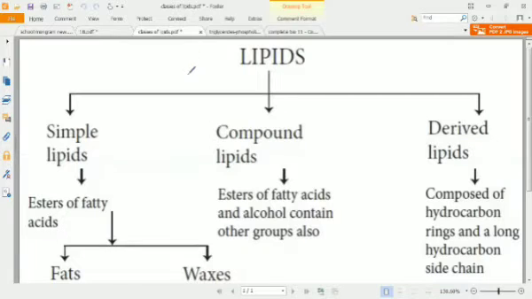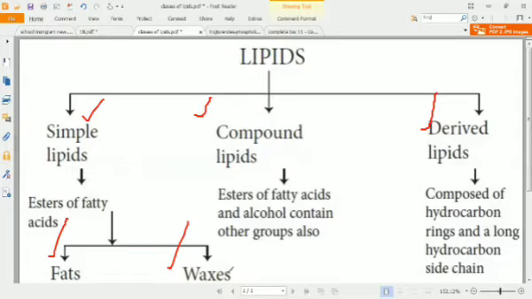You can see here in this flow chart that lipids can be divided into 3 groups: simple lipids, compound lipids, and derived lipids. In simple lipids, we have seen acylglycerol, which are the esters of fatty acids, in which the other classes are fats. We have discussed fatty acids here, and then we have waxes.